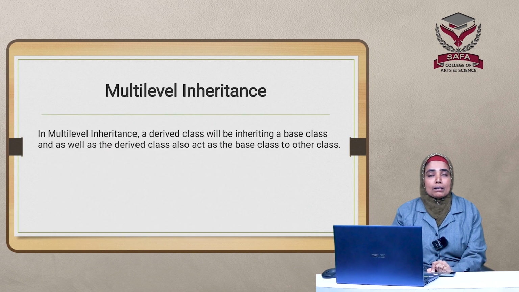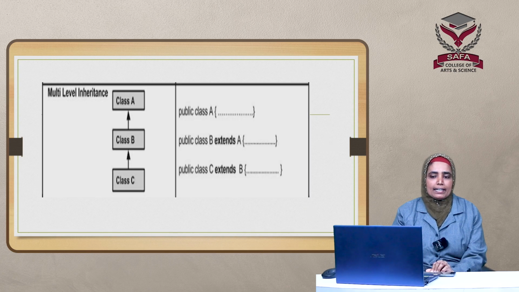Next one is multi-level inheritance. What is a multi-level inheritance? In multi-level inheritance, a derived class will be inheriting a base class, and the derived class also acts as the base class to another class. This is called multi-level inheritance. Let's see the diagram. In this diagram, we have three classes.